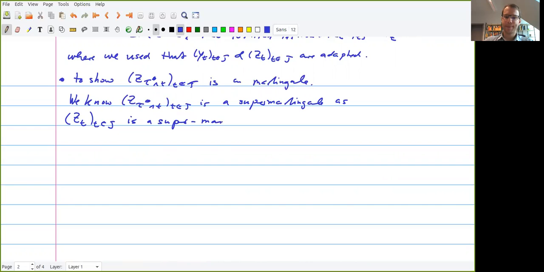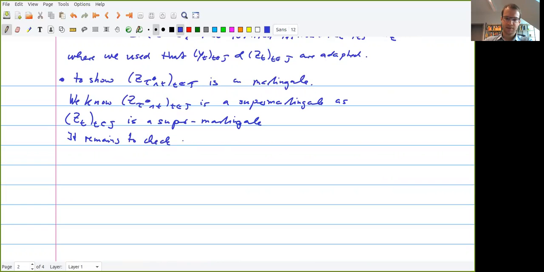So this is good because this means the stopped process is already adapted and integrable. So we only need to check that it has the martingale property.